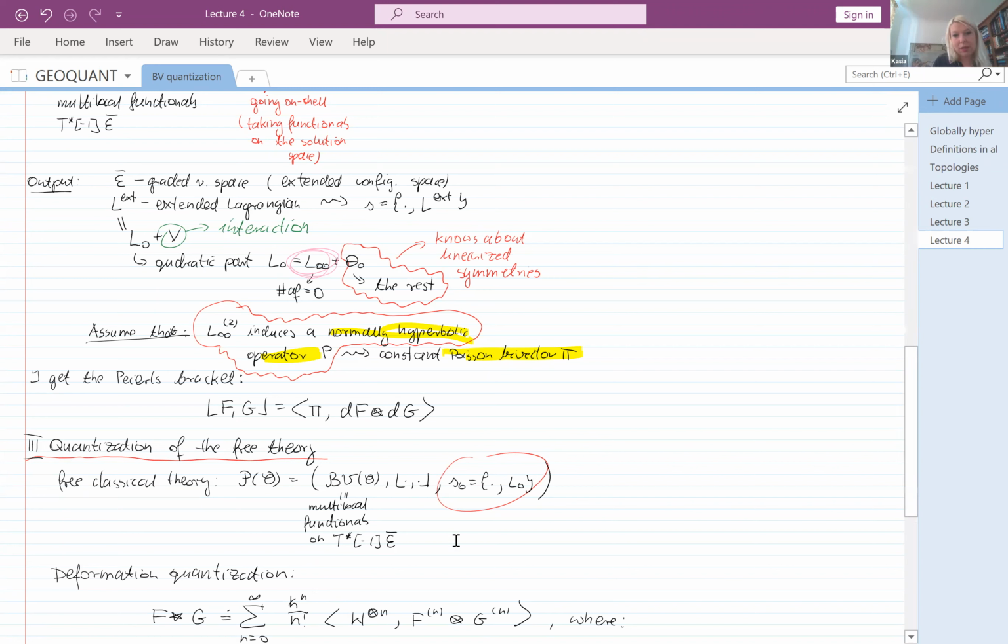But these brackets are related, yet they play a different role in the structure. So you can think of this as a situation where you have two brackets really: the zero shifted and the -1 shifted.